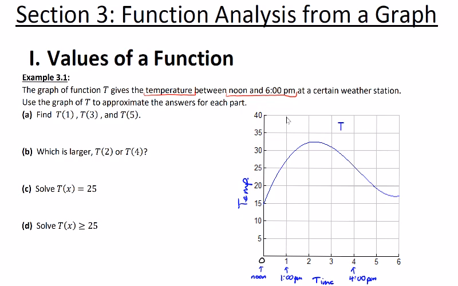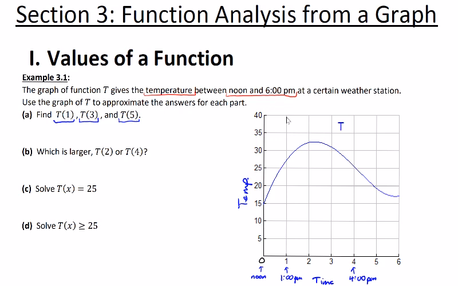Let's take a look at part A. We're supposed to be finding t of 1, t of 3, and t of 5. So these are examples of function notation. I want to know what is the temperature at time 1. So I'm not really looking just at the 1, I want to know what's the temperature at 1.